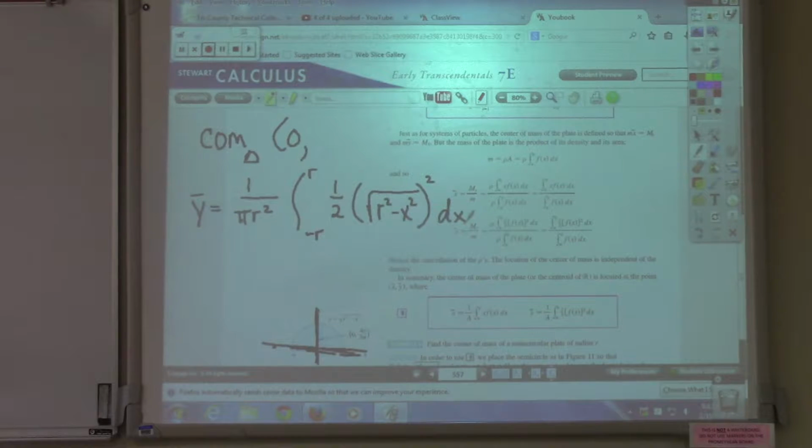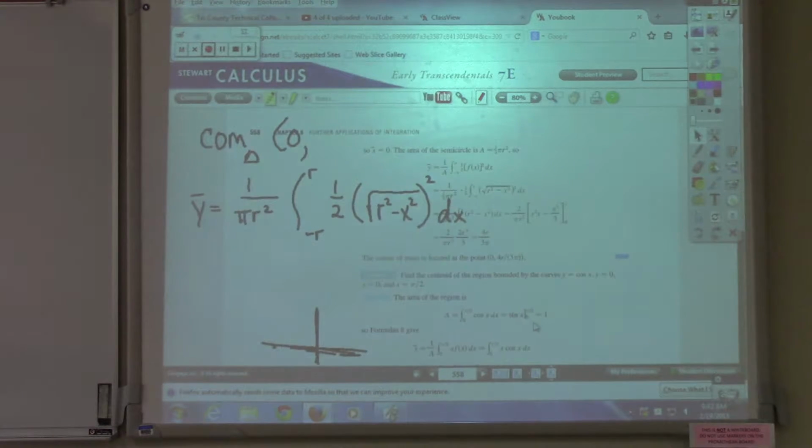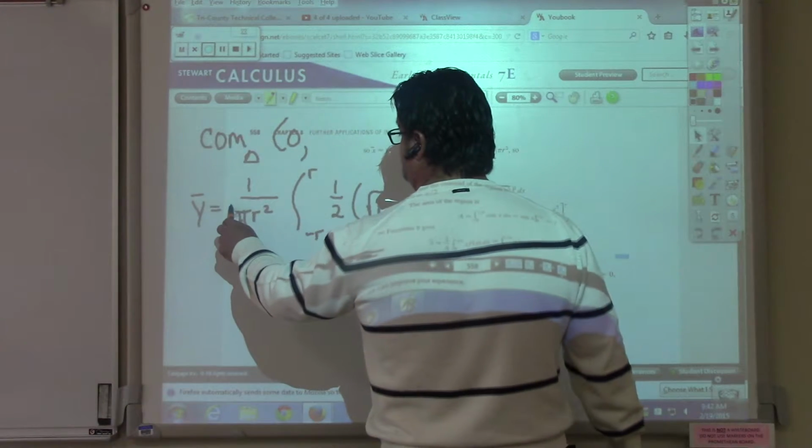And that's probably what they did on the next page. Yep, they did divide it. I figured they did. Or you could divide it by 2, whichever one you want. That'd be 1/2 right here because it's a semicircle.